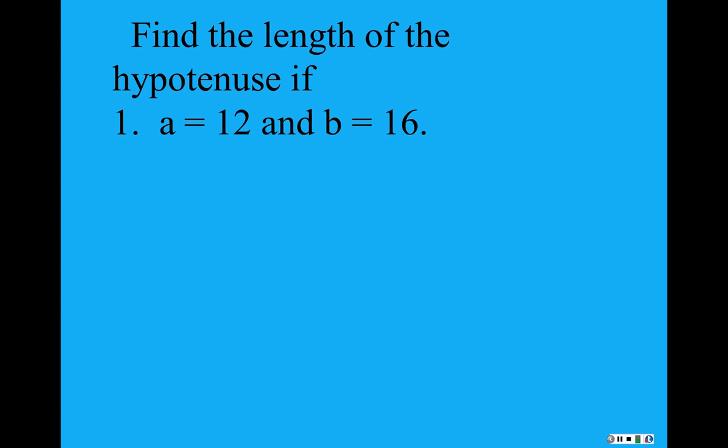What's 12 squared? 144. What's 16 squared? So what is 144 plus 256? And then how am I going to find out what C is if I'm squaring C right now? What's the opposite? No, not divide. What's the opposite of squaring?